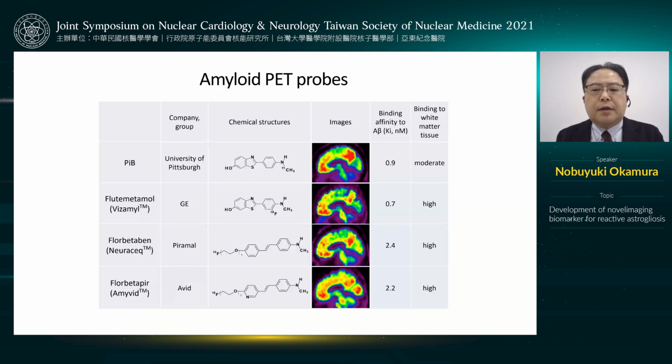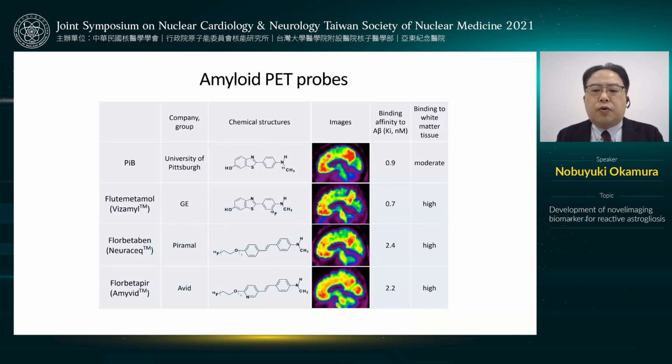Amyloid PET has been available for over 15 years. As you know, C11-labeled PiB has been widely used as the gold standard of amyloid PET tracers. In addition to C11 PiB, several fluorine-18 labeled tracers are also available.